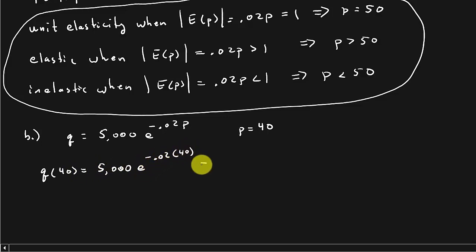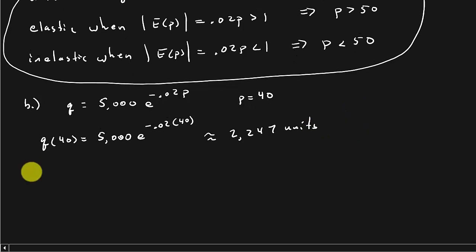If you punch that into your calculator, you get approximately, this is a rounded number, 2,247 units.